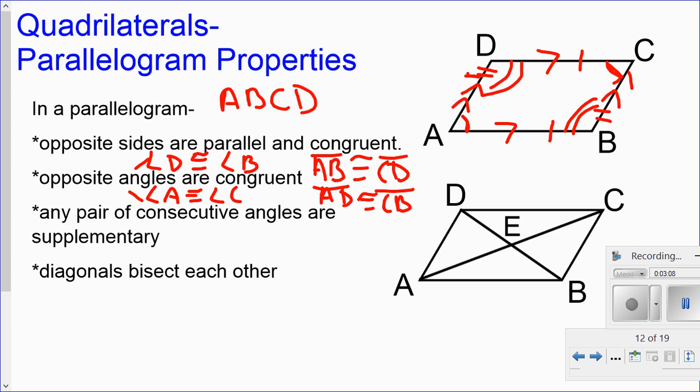So for example, angle D and angle A are adjacent or consecutive, and because this is a parallelogram, angle A and angle D are supplementary.